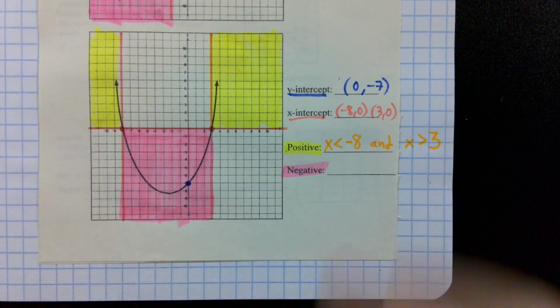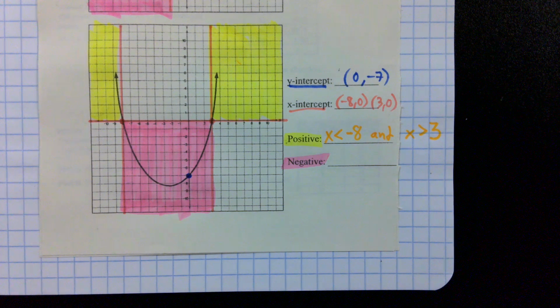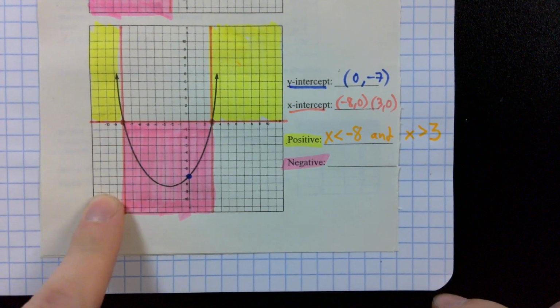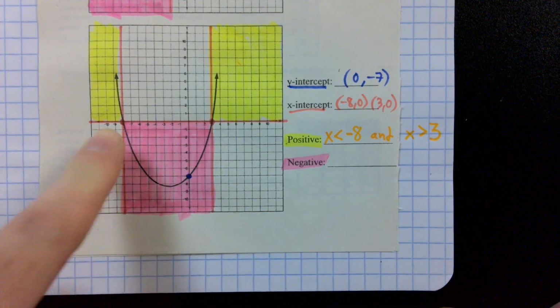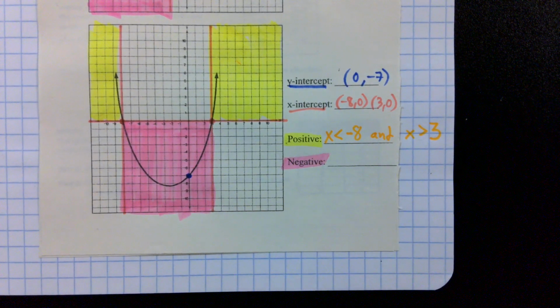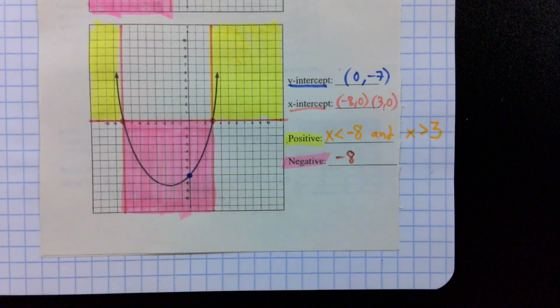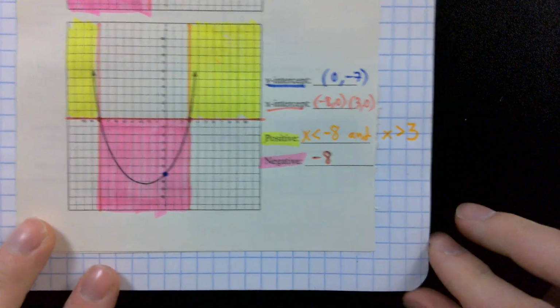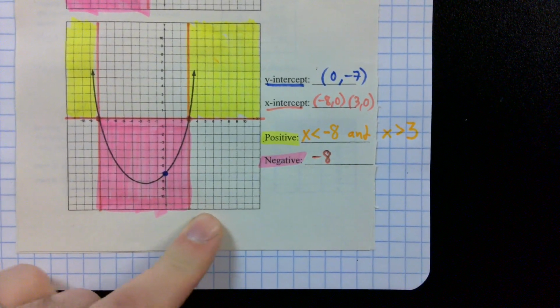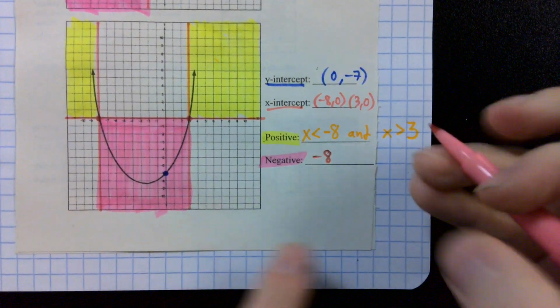If you think about a bookshelf, you've got bookends on either side. What's my bookend on this side? What number? -8. So this pink section is not going to go lower than -8. Where is this pink section not going to go greater than? 3.